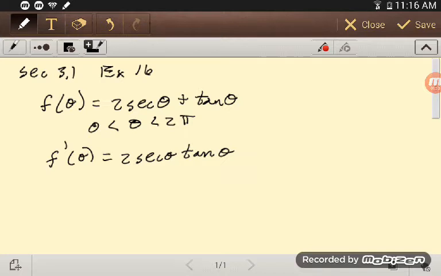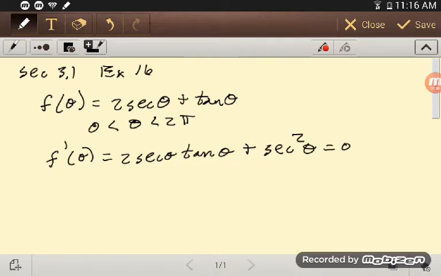So we have secant tangent, and then plus the derivative of the tangent, that's secant squared theta. And so we have that, and we'd like to know where that's undefined and where it is 0. So let's look at where it's 0. Let's set this thing equal to 0.